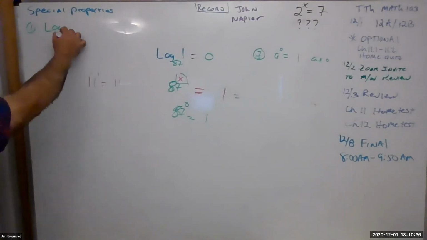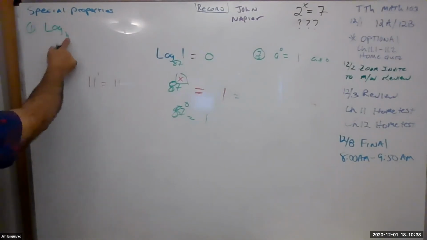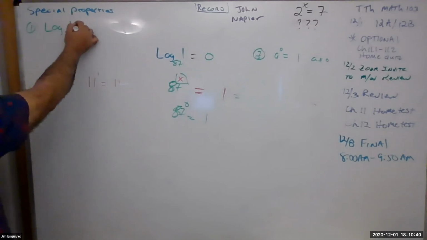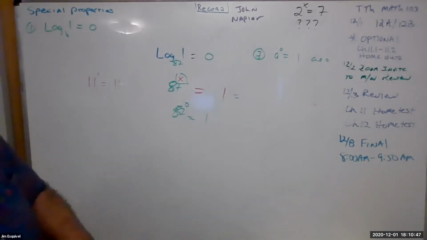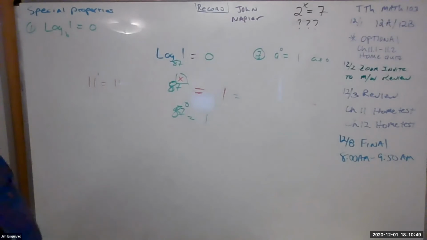Log base b of 1 always equals 0. Whenever you take the log of a 1, you always get 0. Always. The log of 1 is always 0.